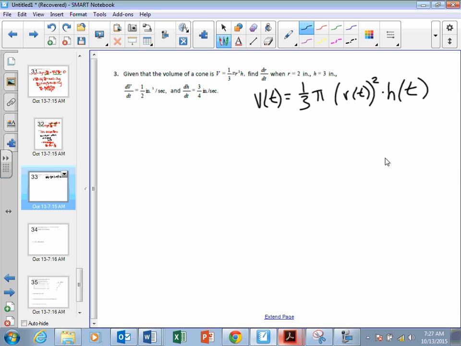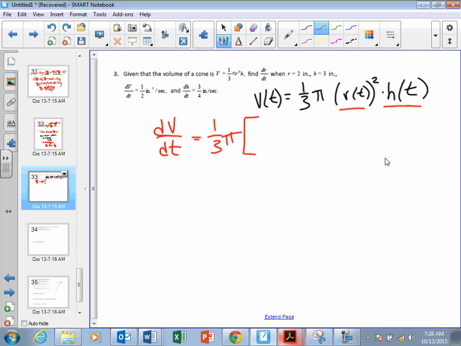On the left-hand side, when I take the derivative with respect to time, I just get dV/dt equals, and then 1/3 pi altogether is just a constant multiple, so that goes along for the ride. Now this next part, r of t squared times h of t, I'm going to need to use product rule for.